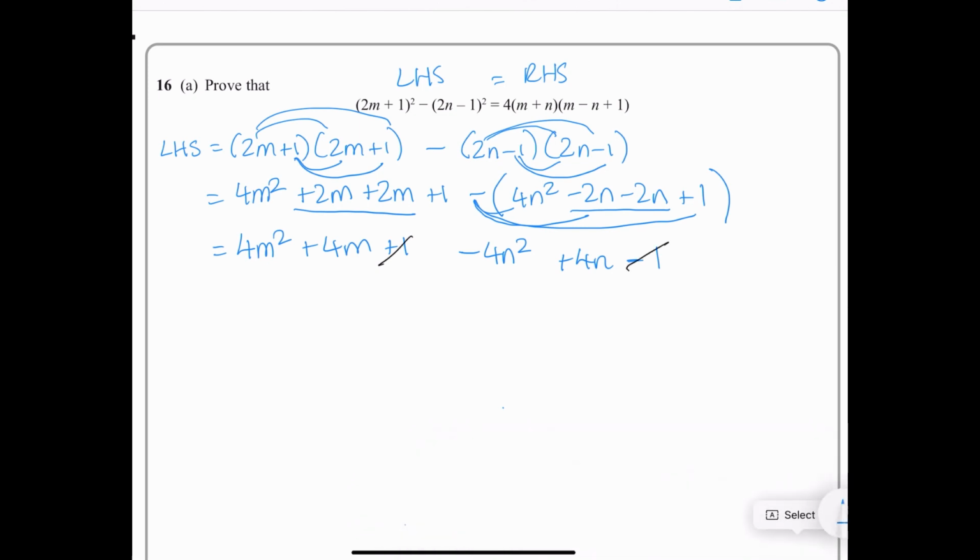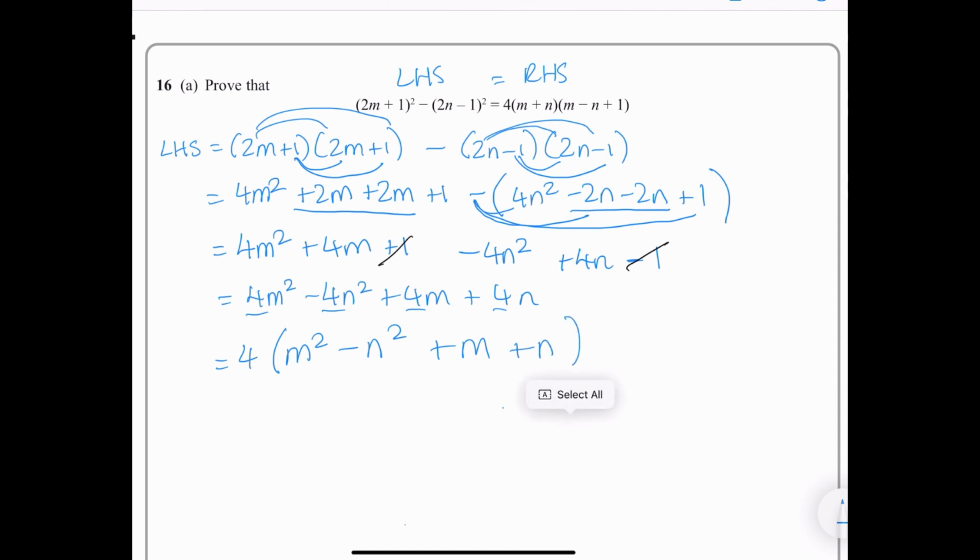So what am I left with here? I've got 4m squared minus 4n squared plus 4m plus 4n, like that. First thing I note is everything's a factor of 4. So let's factorize that out. We've got 4 times (m squared minus n squared plus m plus n).